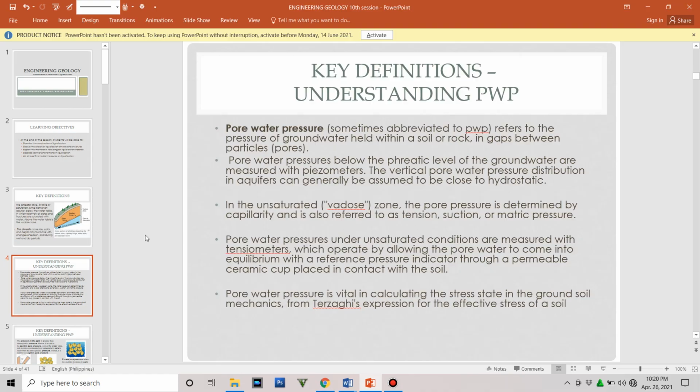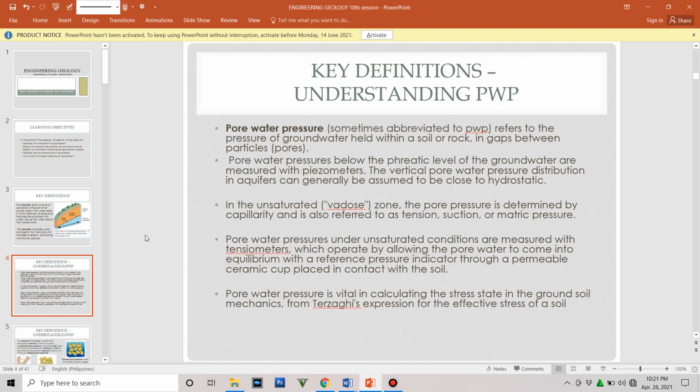Meaning, as we go up, we have negative pressure. Negative pressure means suction. On the other hand, when the pressure is positive, the pressure is bursting. So that is about pressure.